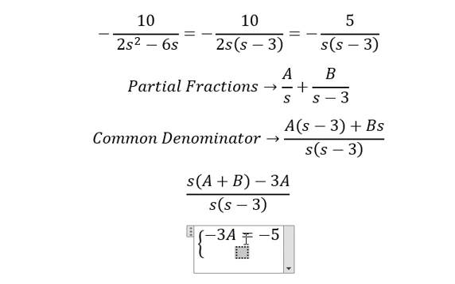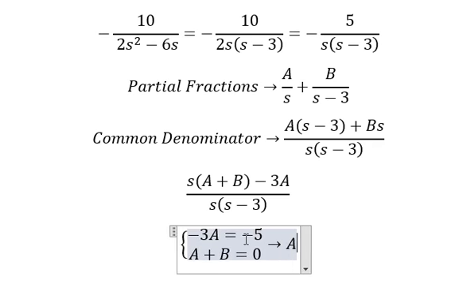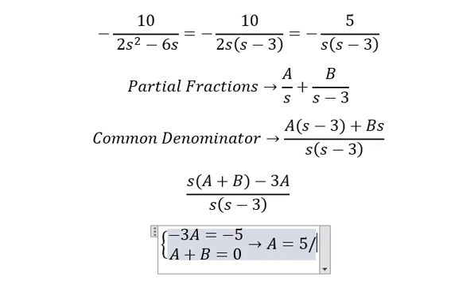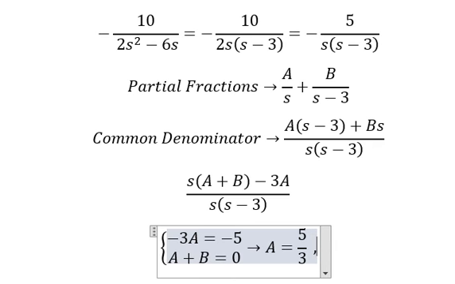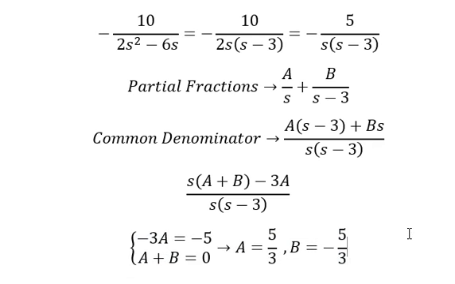We don't have h, so A plus B equals number 0. And now we find the solutions of A and B. So we put A and B go in here.